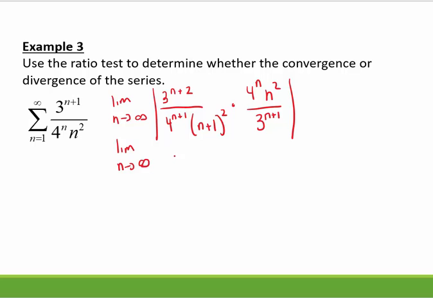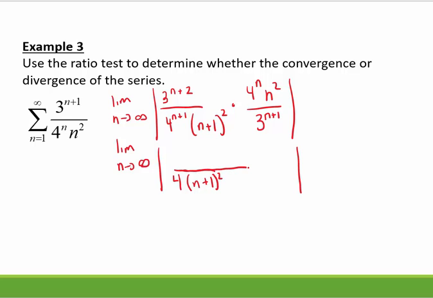Okay, so let's look at these. Let's simplify a few terms. Let's simplify the 4 to the n plus 1 over 4 to the n. That's going to simplify with a 4 in the denominator. The n plus 1 squared is still there.